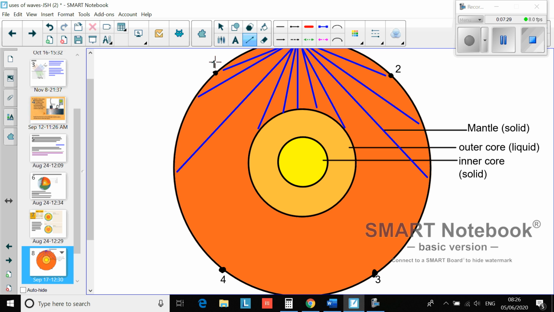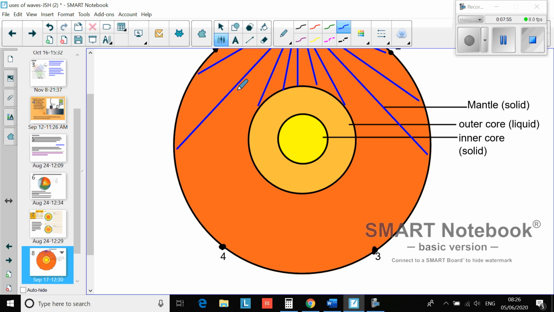Okay, what we actually get, there are actually earthquake stations all over the Earth. And the S waves will travel to about there and then stop. And the simple reason for that is they can't get through this layer. And the only way we know to explain that is, well, we know they're transverse waves, and we know that transverse waves can't travel through liquid.